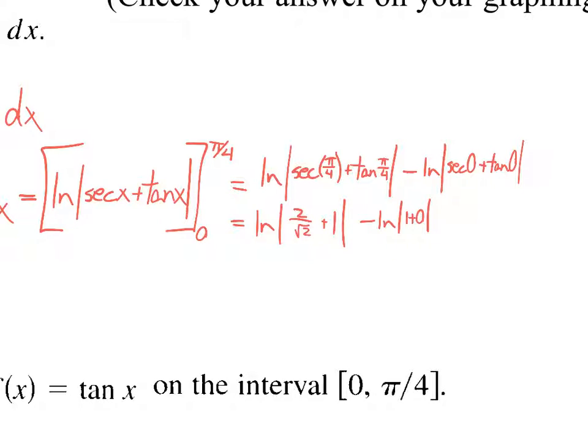So notice what we've got here. We have the natural log of 2 over root 2, which is the same thing as square root of 2, so it's the square root of 2 plus 1, minus, what's the natural log of 1? 0. Okay? That's all 0. So right here, this is our final result: ln of square root of 2 plus 1.